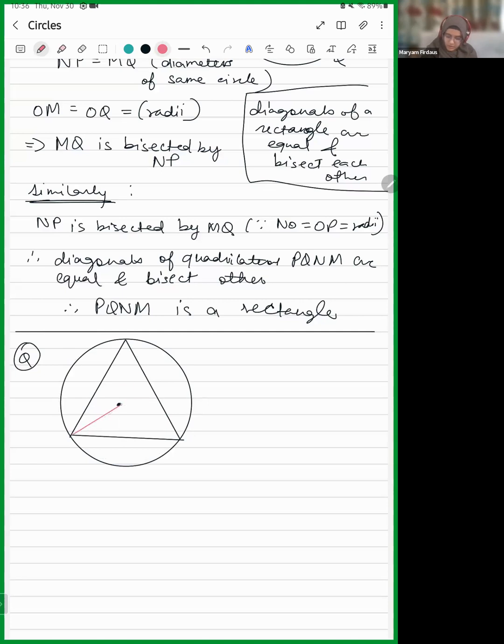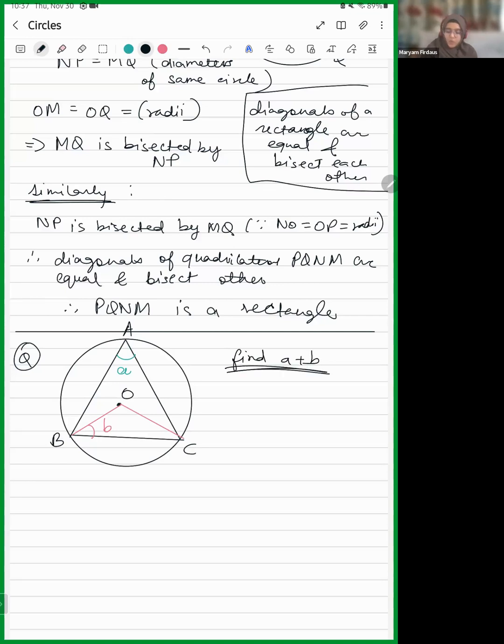You have to just, this is angle B, this is angle A, this is capital A, capital D, capital C, O. You have to find A plus B.